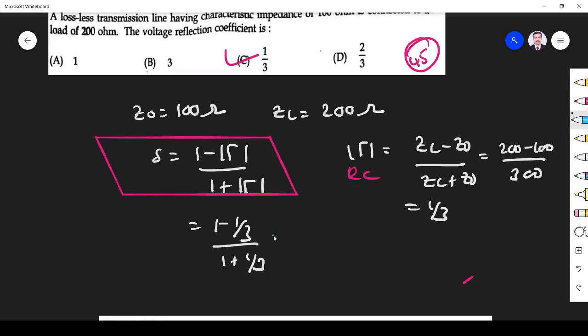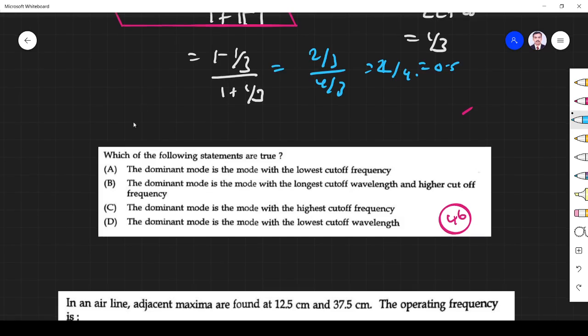If they ask VSWR, it is 2 by 3 divided by 4 by 3. 1 minus 1 by 3 is 2 by 3, 1 plus 1 by 3 is 4 by 3. Okay, so 2 by 4, right? That is 0.5. Okay, so it is not required, you stop here itself because they ask only reflection coefficient.